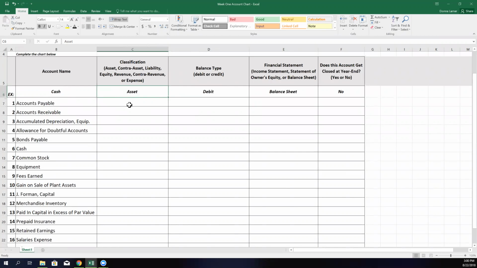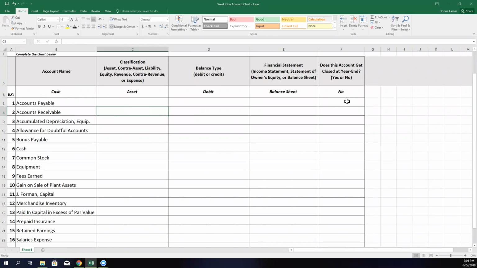So I want you to go through and put in here the category. Accounts payable is what? It's an asset, a contra asset, a liability, etc. Then what kind of balance does it have? Debit balance or credit balance? That's really the only choices. What financial statement would you find this account on? Does the account get closed at year end?